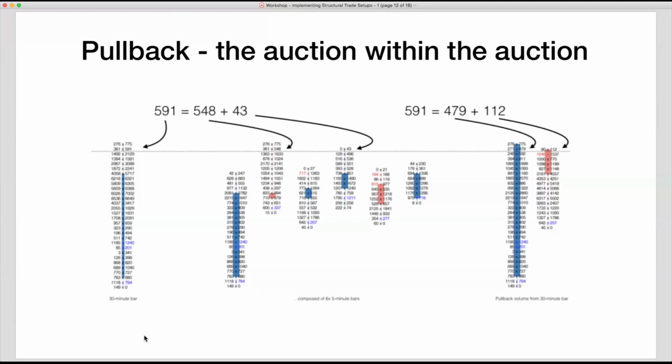If we look at the corresponding 5-minute bars, then you can see that 591 contracts was made up in these 5-minute rotations of 548 contracts during the 10-minute candle and 43 contracts at the 20-minute candle. 548 plus 43 is 591.